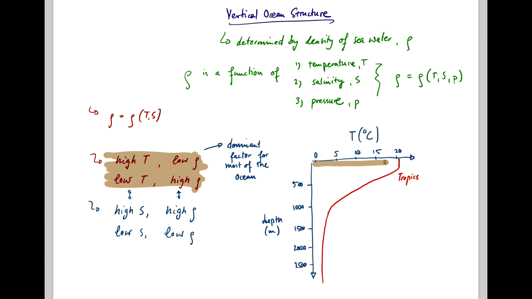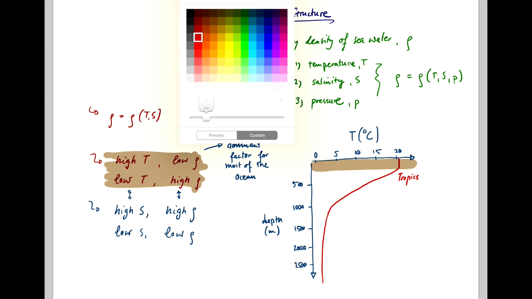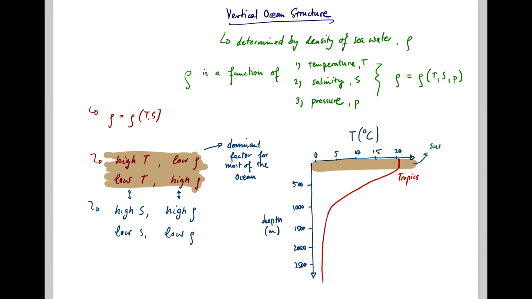Now this layer here near the surface is called the surface mixed layer. And the reason why it's called mixed layer is because you have a lot of wind input here, and that leads to turbulence and mixing.